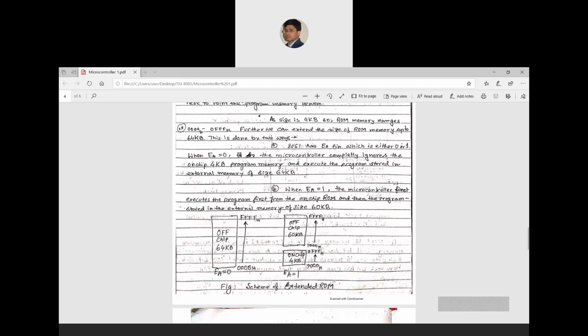What is the size of the internal ROM? 4 kilobyte. The starting address, which I have marked here with double star, is 0000H. The end address is 0FFFH. So the complete internal 4 kilobyte on chip ROM is used when EA is 1.